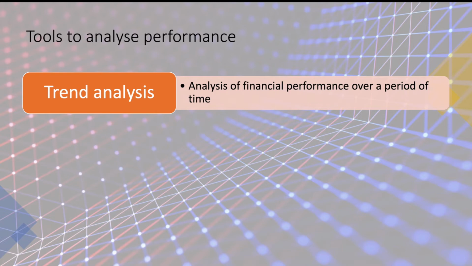What is the trend of expense? Suppose the expense percentage in the quarterly data is 10%, so we can say it might be around 10% in the annual data as well. That is a kind of trend analysis.